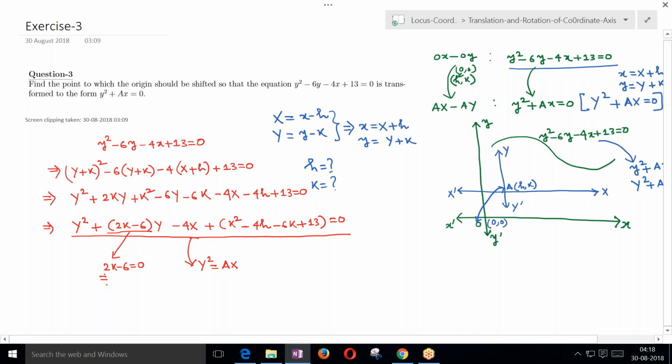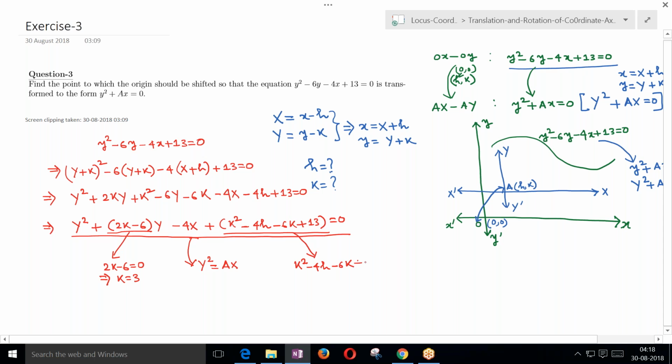So from here, we get the value of k is equal to 3. And by the same logic, this quantity has to be 0. That means k square minus 4h minus 6k plus 13 has to be equal to 0.